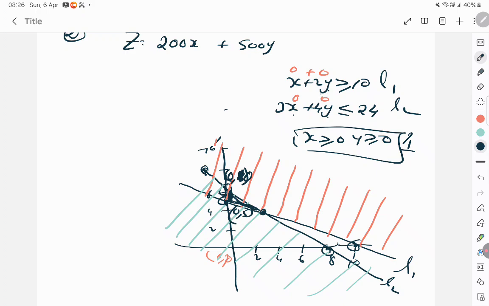How is it 5? When x is 0, y is 5. x is 0, y is 6. So 0, 6 and 0, 5. Okay, these are the corner points, but I don't know this point, for which you're going to solve it.